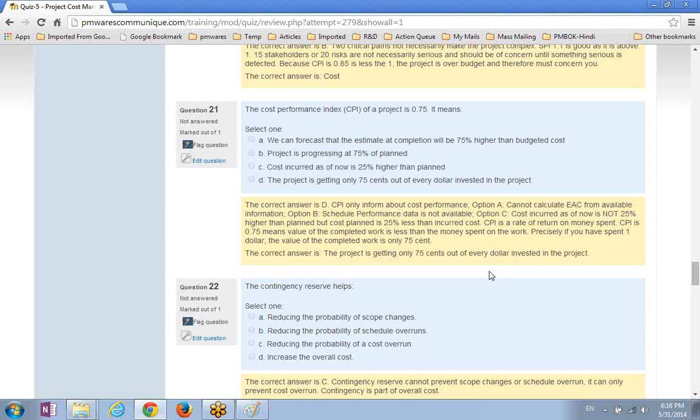EV is value of the earned work, work which is completed, not value of the work completed. Planned value of the work completed. And AC is actual. So what is on the top? Top is the price of the work completed. So we invested AC, because AC is actual expense.